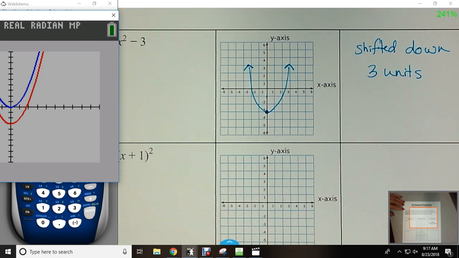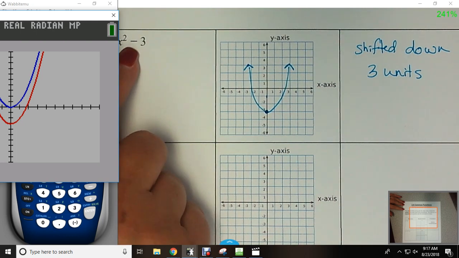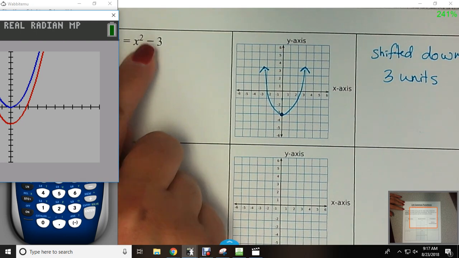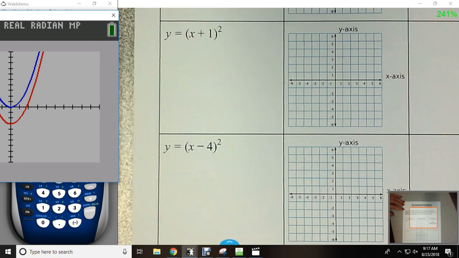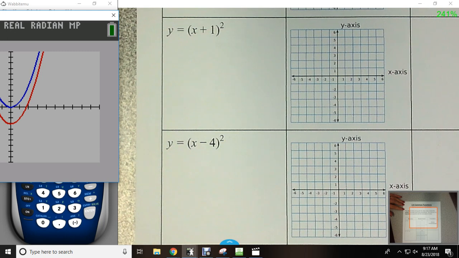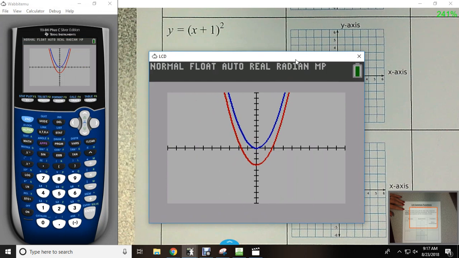So that graph, or that equation, is shifted down 3 units from what my parent function looked like. That's what this minus 3 did. Now, we're going to look at this one. It's a little bit different. I've got some parentheses this time where I didn't have those in the past. So let's grab our graphing calculator and we'll type it in.